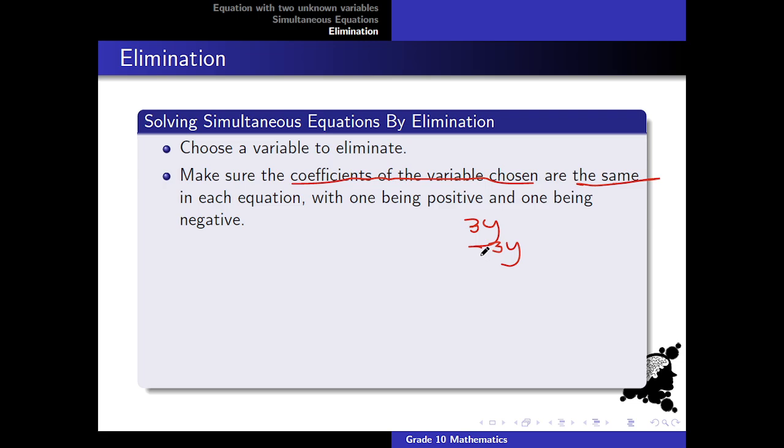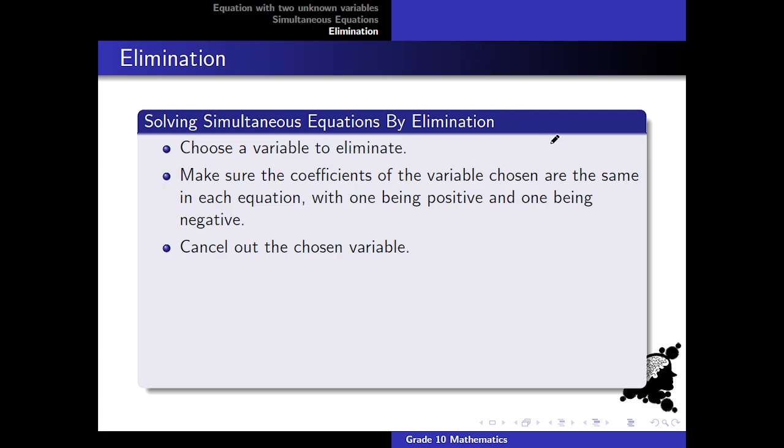Now, this does not mean that your equations will always come with a variable having the same coefficient with different signs. There might be a step where you need to manually go ahead and make sure that your coefficients are the same. But we'll look at that a little later.